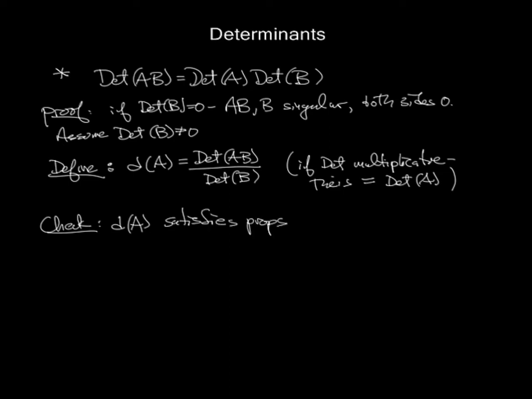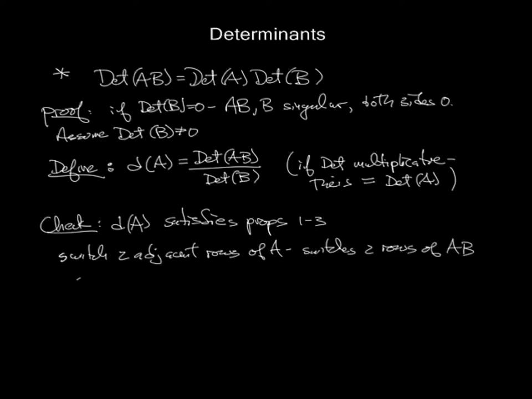And that's really easy. So, for example, if you change two rows, this little function, little d, is supposed to be 0. But that's clear because if you change two rows of A, you change two rows of AB. And so the numerator changes sign, but you haven't touched B, so the denominator doesn't. So that's easy.